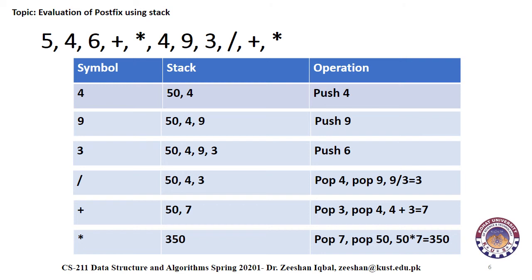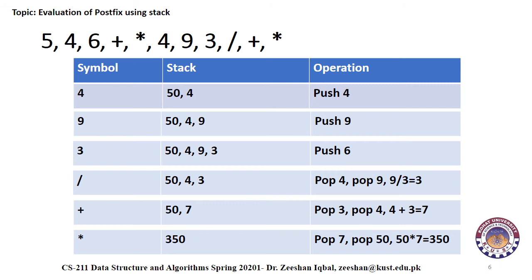Last, the symbol is asterisk or multiplication, which is an operator, so we will pop the top two elements, that is 7 and 50, and apply the asterisk operator. So 50 multiplied by 7 becomes 350. Hence we will push this 350 back onto the stack again.